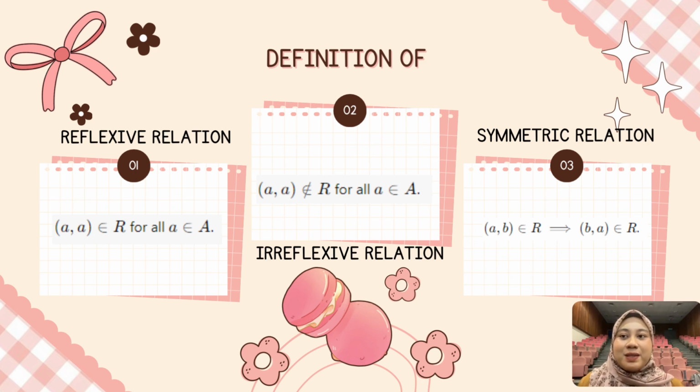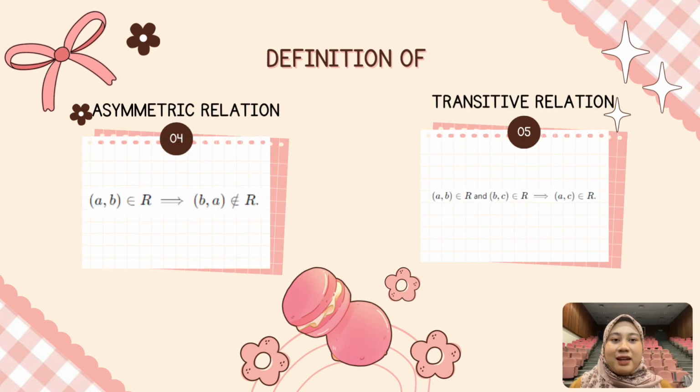Next is a symmetric relation. If one element is related to another, the reverse must also hold true. For instance, if (1,2) is in the relation, then (2,1) must also be included. And then another relation is asymmetric relation, which prohibits any element from having a mutual connection.